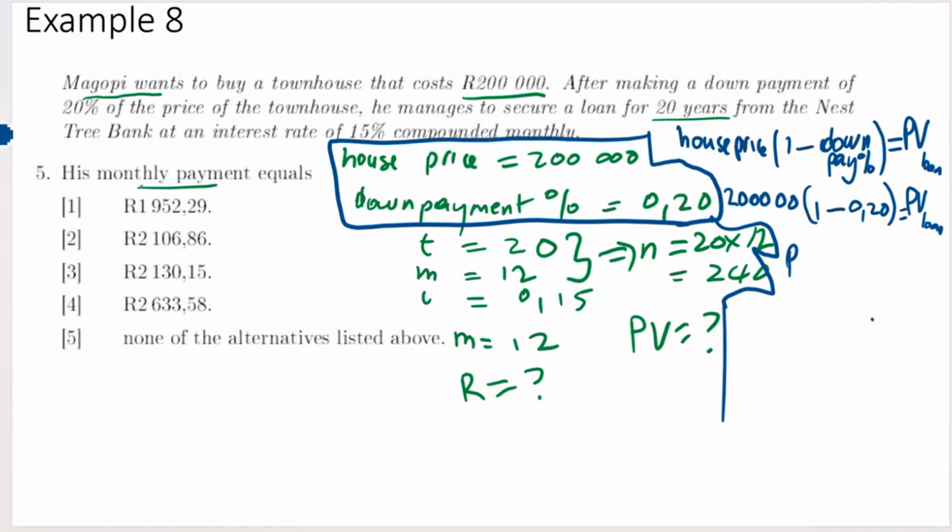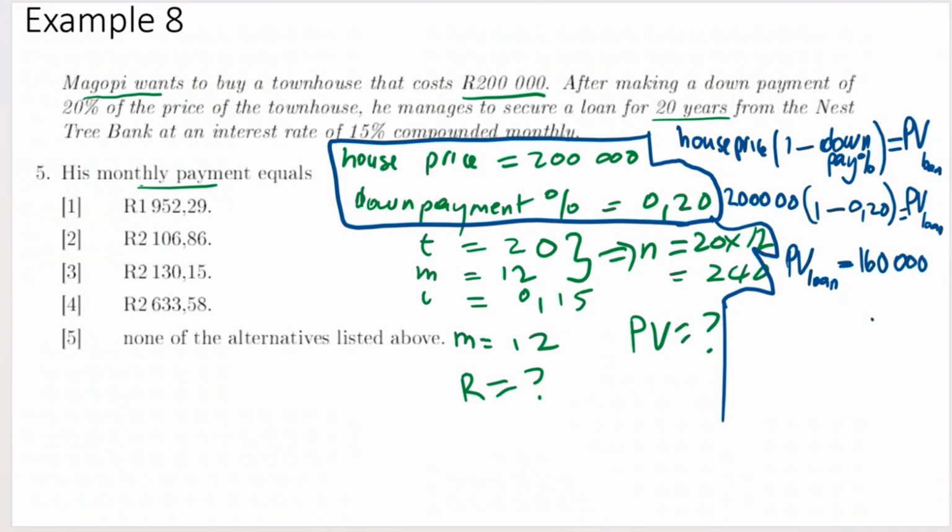After you have done your calculation, you'll find that your PV loan is equal to 160,000.